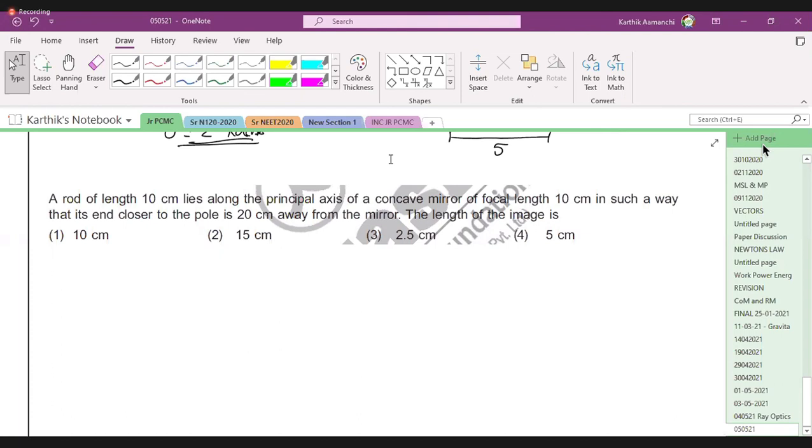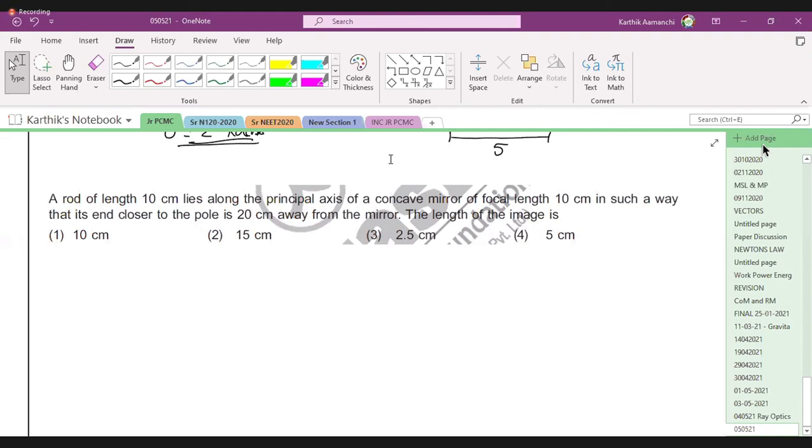The object is beyond the center of curvature, isn't it? So immediately it will diminish. The size will reduce.